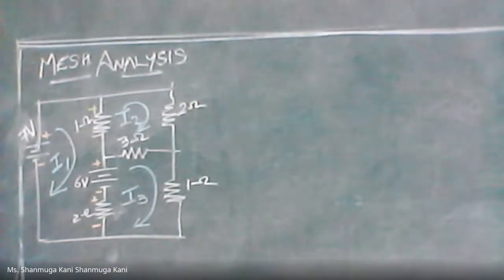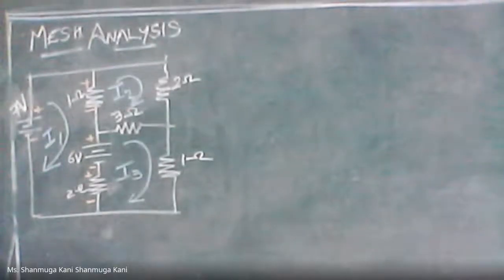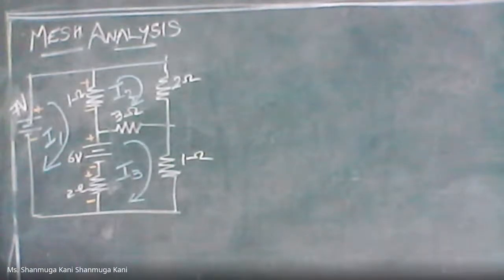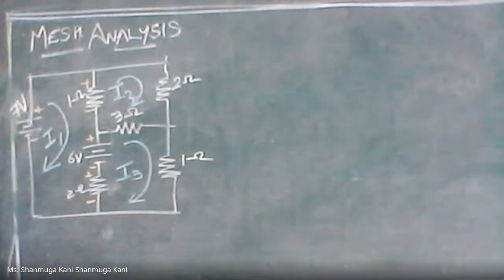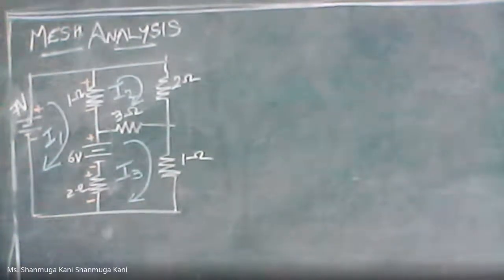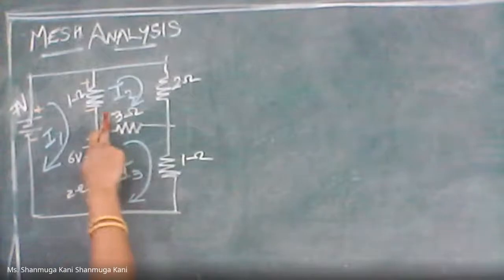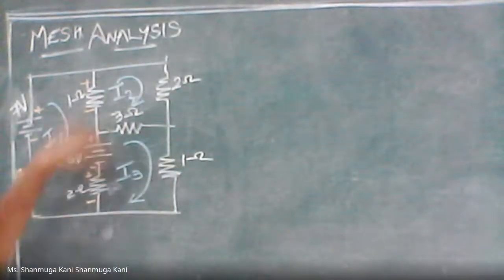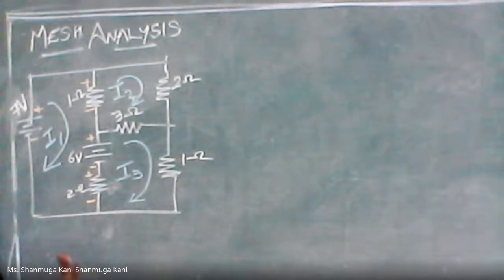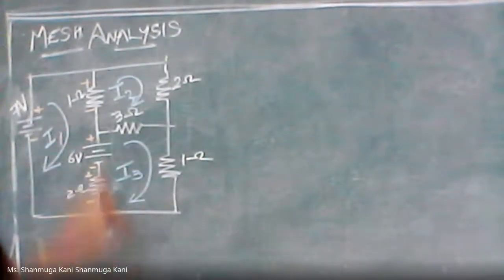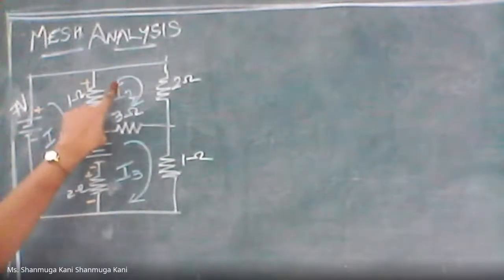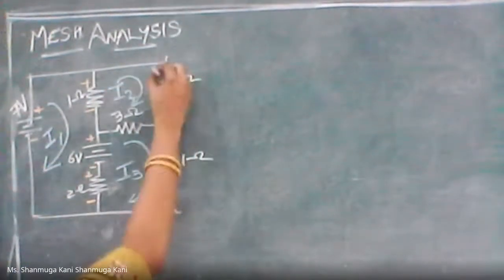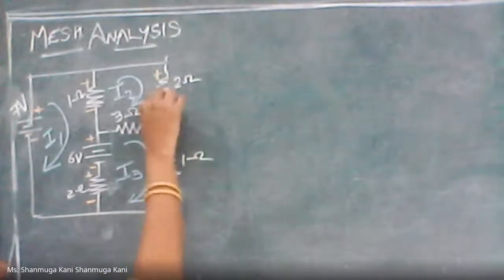Okay? Right. First we will write the equation for the first loop. In the second loop, plus and minus for the 2 ohm resistor. The loop current we will always assume in the clockwise direction. Here the current is entering, so entering is plus, leaving is minus.